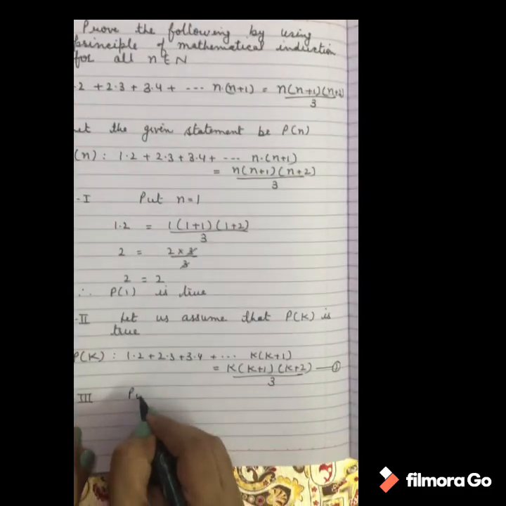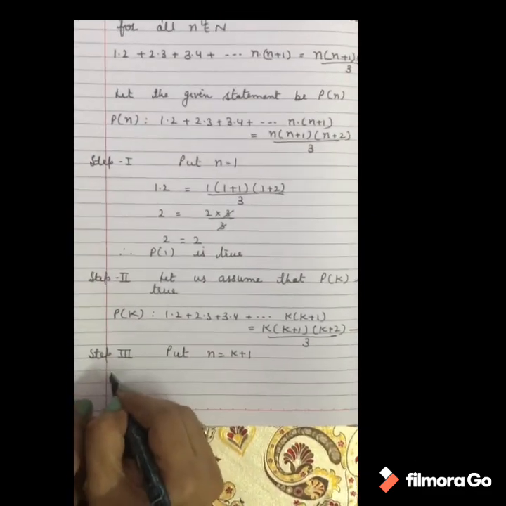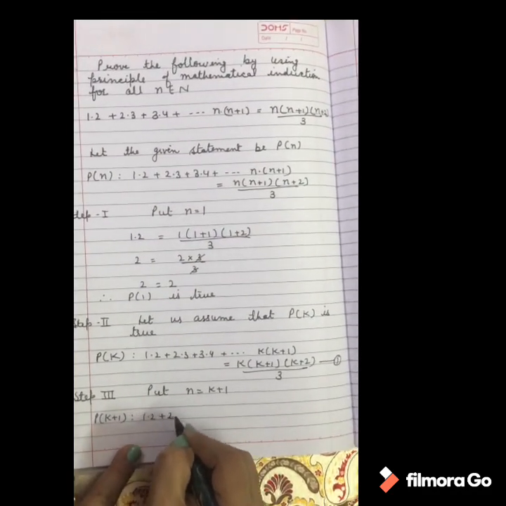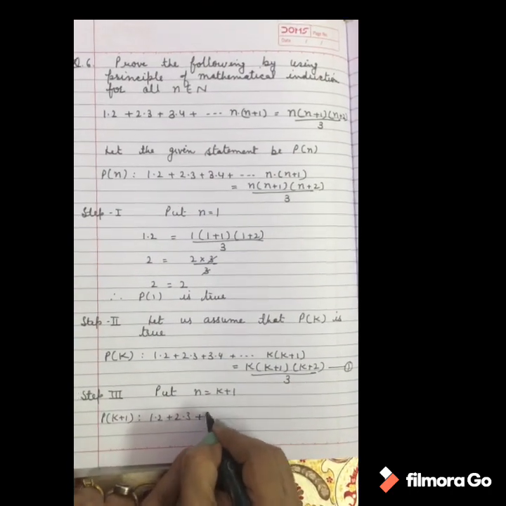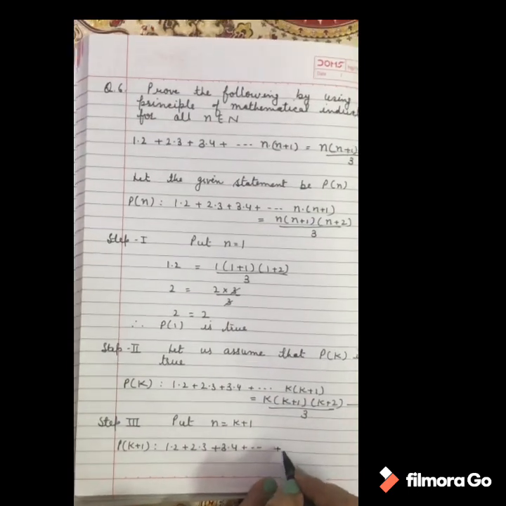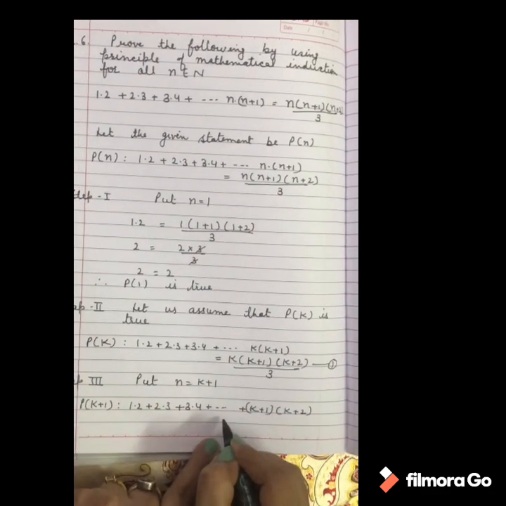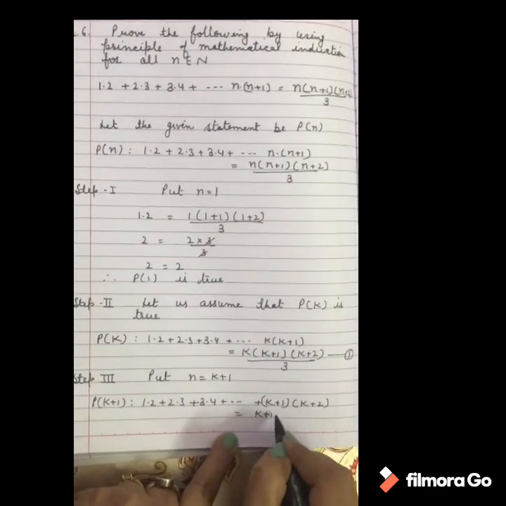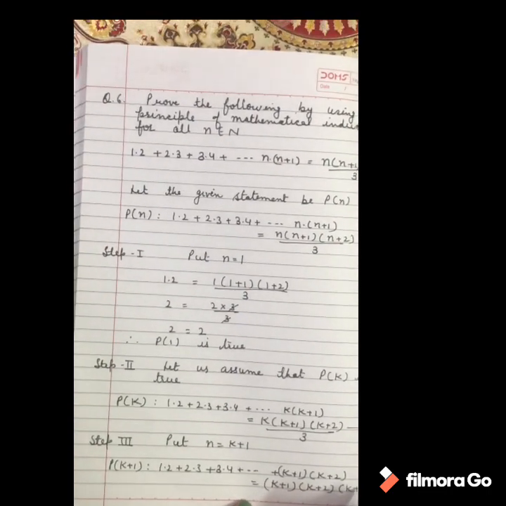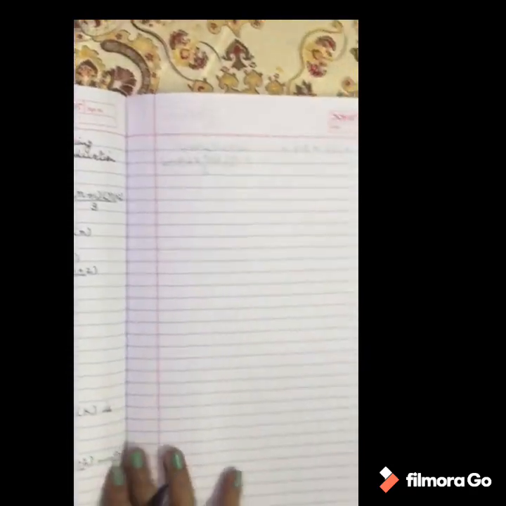Now put n equal to k plus 1. P(k+1): 1.2 + 2.3 + 3.4 up to, you will replace k by k plus 1, you will get this equal to (k+1)(k+2)(k+3)/3. Now what did we used to do?